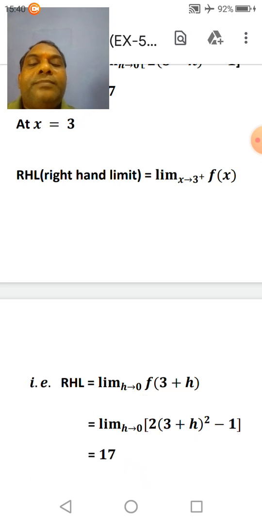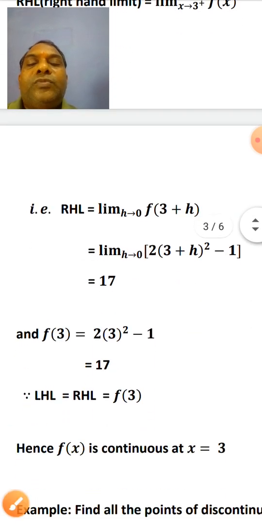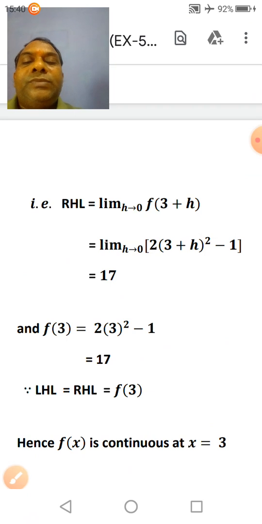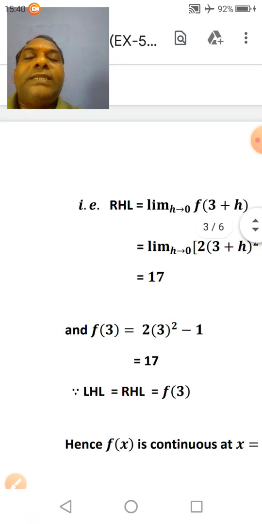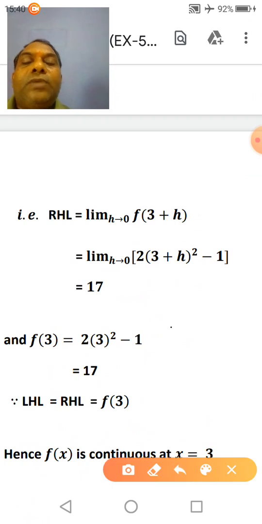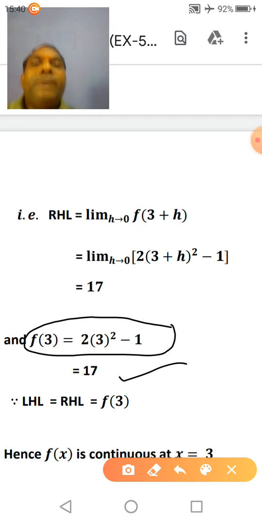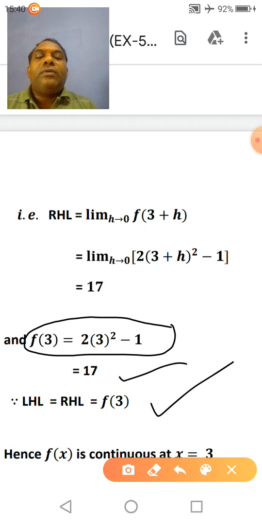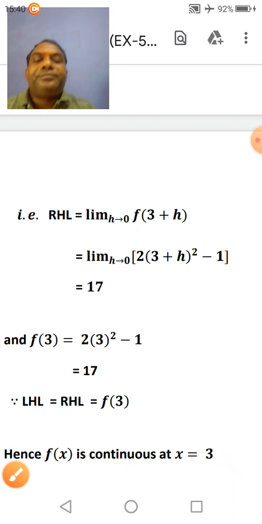Clear? Now find the functional value. Put x is equal to 3 in the given function, then f(3) will be 17. So we find here LHL is equal to RHL is equal to f(3). Therefore f(x) is continuous at x is equal to 3. Clear?